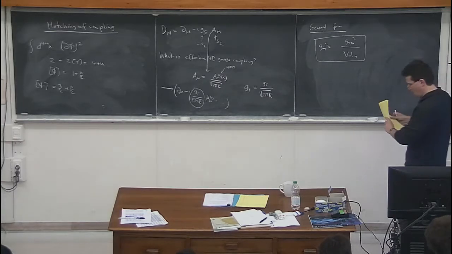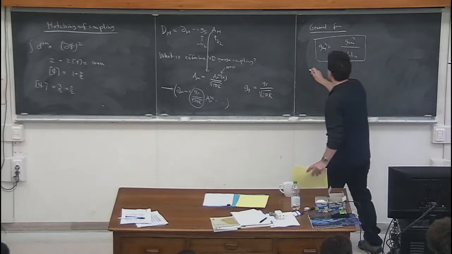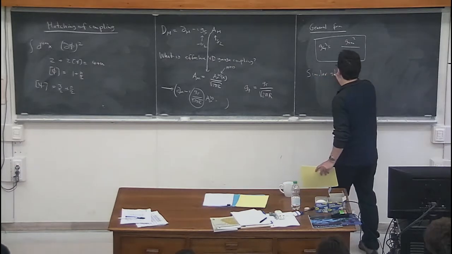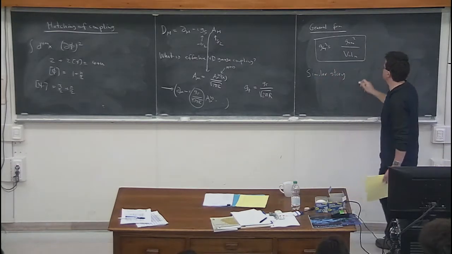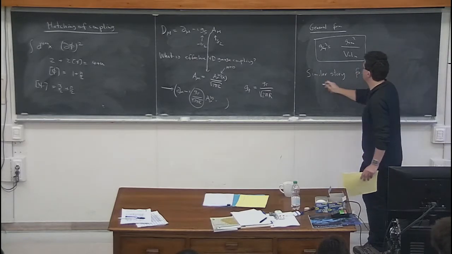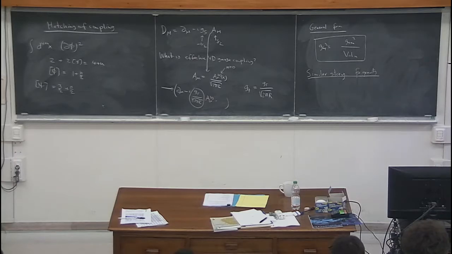Of course, the same story goes for gravity, a similar story about the matching for the gravitational interactions. The only difference is that the gravitational coupling already in 4 dimensions is dimensionful. So what you are supposed to do is match the higher dimensional, more fundamental Planck scale to the effective 4-dimensional Planck scale.